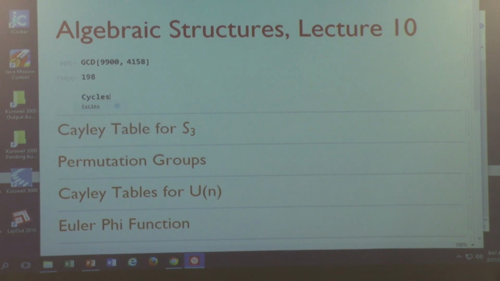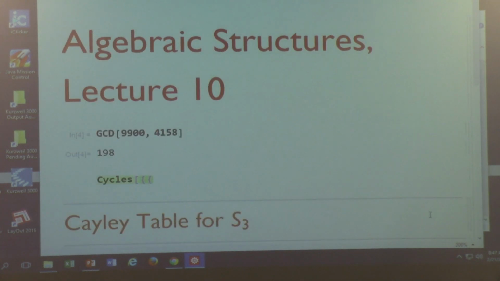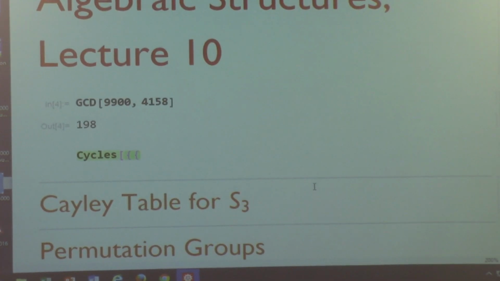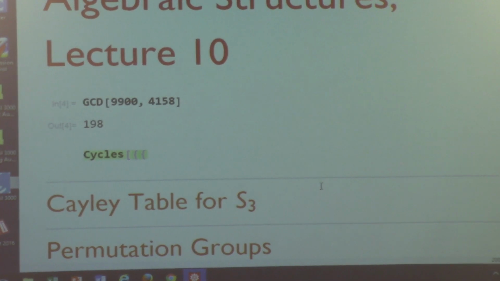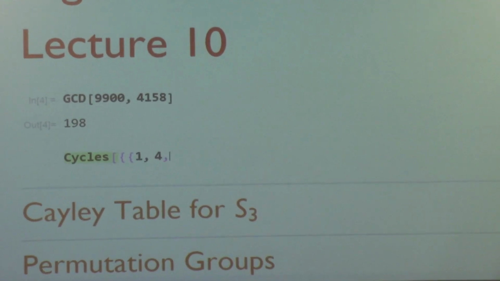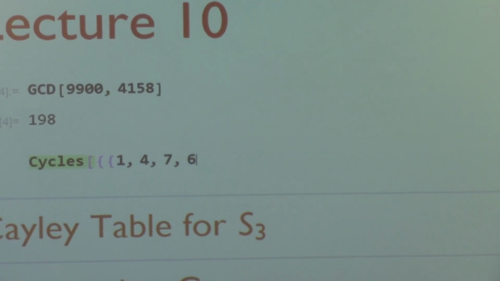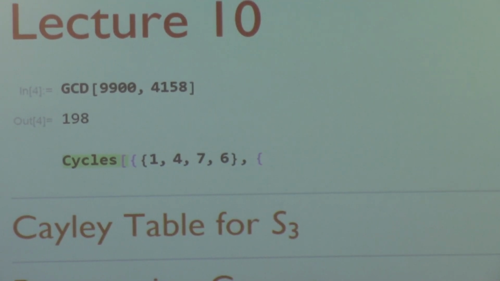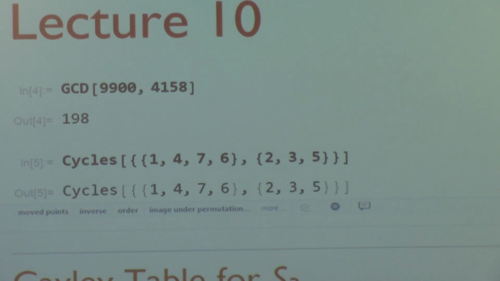Cycles can be used to represent cycles. And I think I can do them both in here. If I'm just raising this thing to a power, I don't have to worry about what goes left to right. These are disjoint cycles there. But that's representing this permutation in Mathematica.